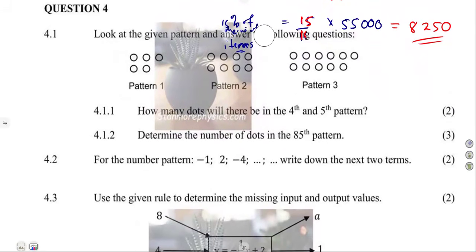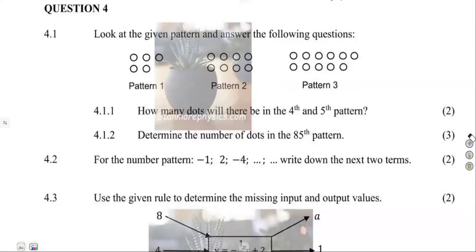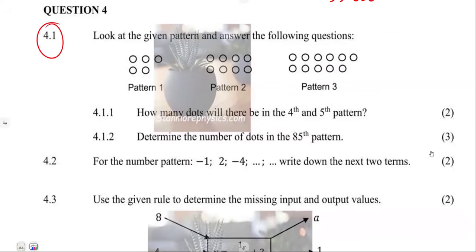All right, question number 4. You are given here the part of numeric and geometric patterns, where you look into the given pattern and answer the following questions. Pattern 1, pattern 2, pattern 3. It's like a design that is being formed.